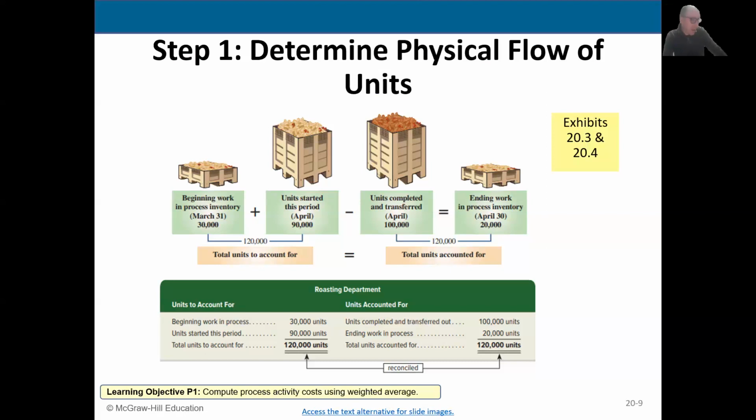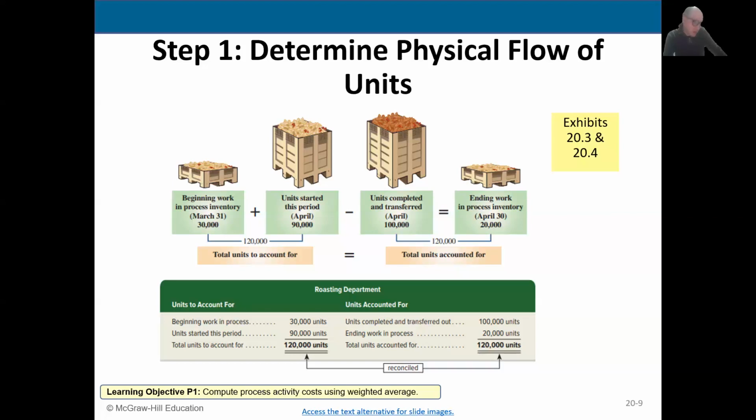On the right side of this diagram, we need to reconcile or match, according to the matching principle, the 120,000 units which have been accounted for at the beginning work in process inventory. And the way we do that is we take that original 120,000, we subtract out what we call units completed and transferred.